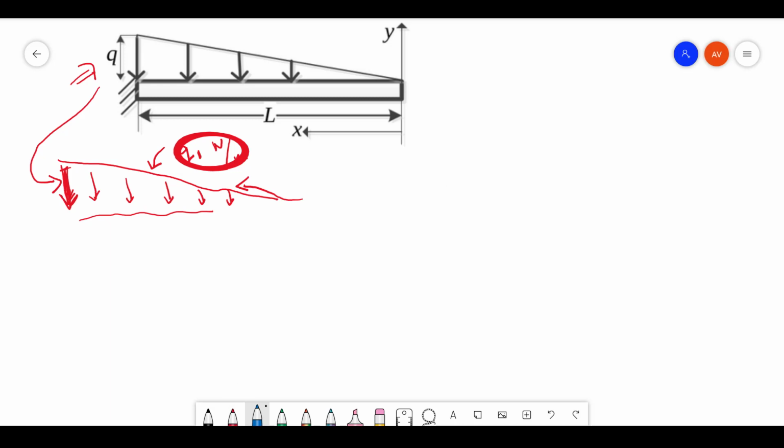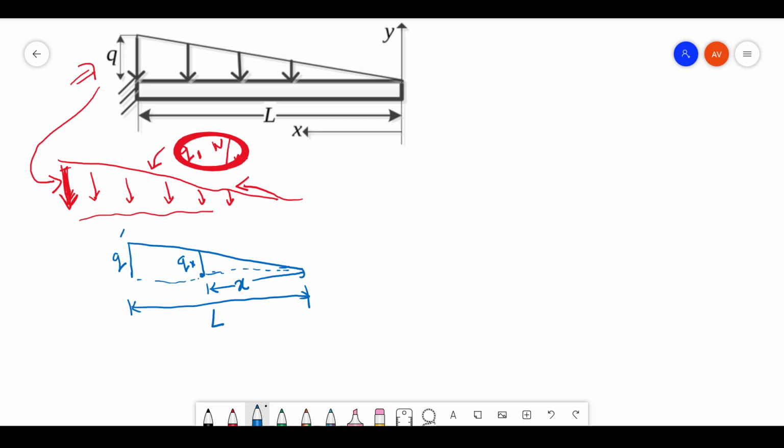If you look carefully, you have one triangle in this sense, and let's see at some distance what the triangle is. So you're going to have something like this. Here it is Q. The total length, let's assume, is given as L. Let's say at some x distance, let's consider this as Qx, because we don't know what it is.